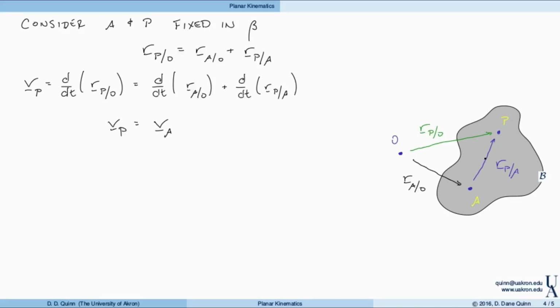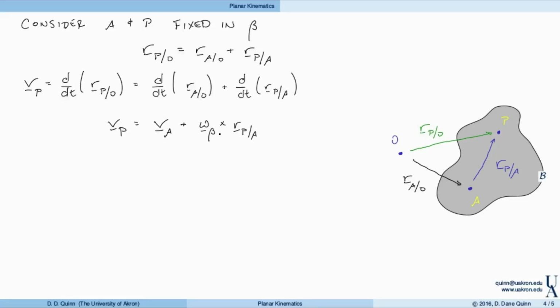We've already done a lecture on vector derivatives and looking at how vectors change. One of the things we learned then was that if you have a vector of fixed length, then the change in that vector is simply the angular velocity cross the vector itself.